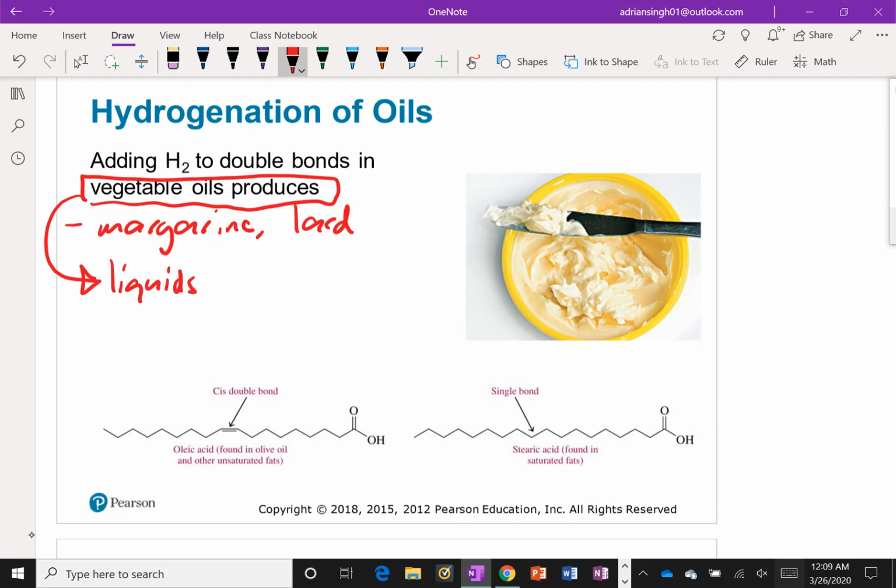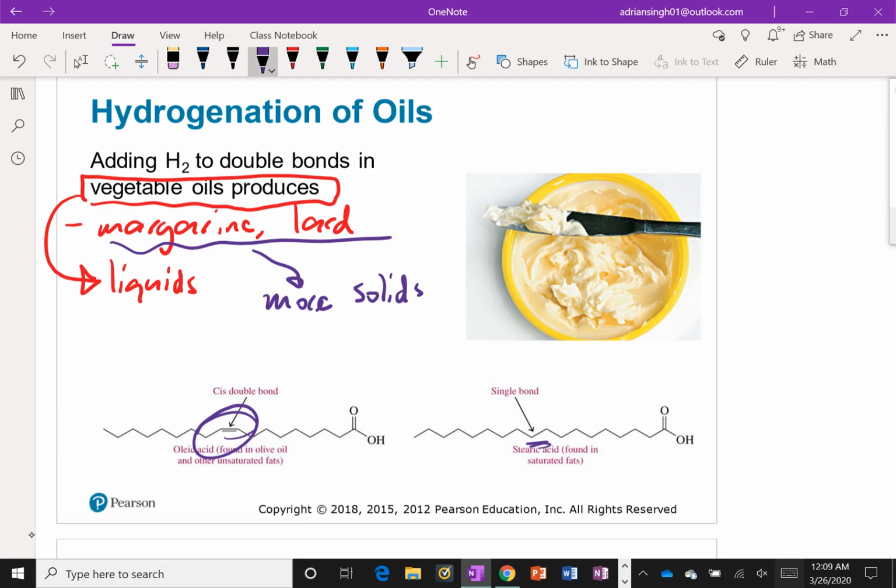They have lots of double bonds in them, and you end up making these margarines and other things that are more solid-like, right? So as you convert your double bonds to single bonds, you end up making things that look a little bit more stiff or solid, right?